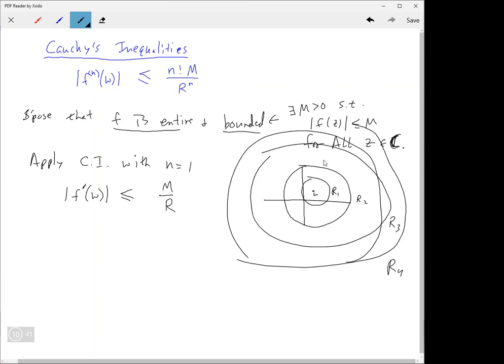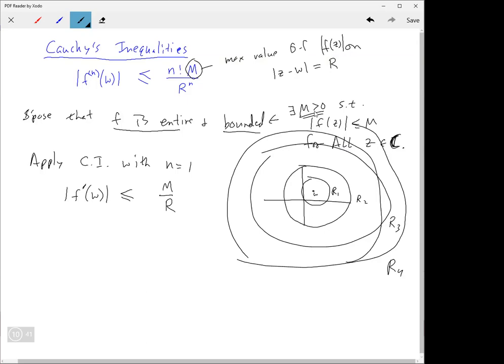Now, if f is bounded, then this M is going to work for this M. M is just supposed to be the maximum value of the modulus of f(z) on this circle centered at w.